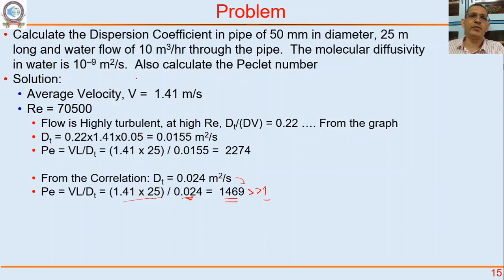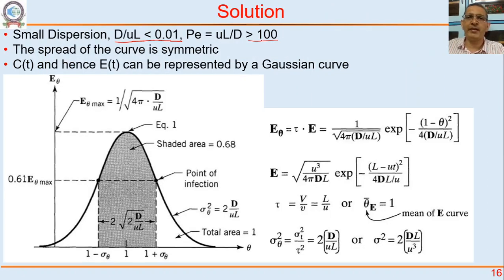Why? Because the dispersion coefficient is small, Peclet number is greater than 100. Then we can represent it by a Gaussian distribution, and these are the characteristics that are calculated.